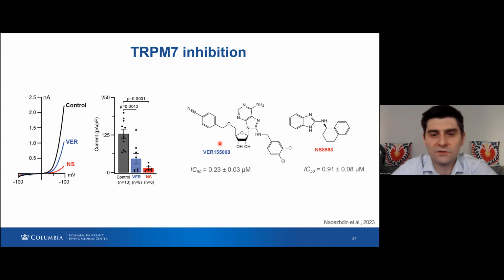We chose the most used ones in the field of TRPM7 physiology. We call these compounds VER and NS. And as you can see here, when you add these compounds, the current through the channel in patch clamp recordings is way lower. So patch clamp recordings confirm that yes, these are indeed inhibitors.